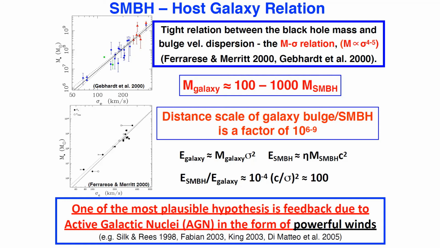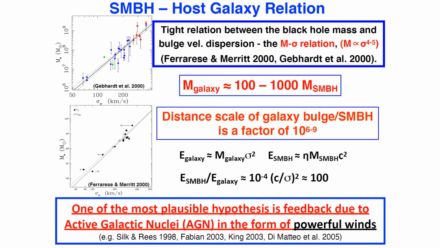This was incredibly puzzling, and some will tell you still is, because the sphere of influence of the supermassive black hole is incredibly smaller than the rest of the galaxy. We're talking about 1 million to 1 billion times smaller in size, and the mass of the supermassive black hole is 100 or 1,000 times smaller.